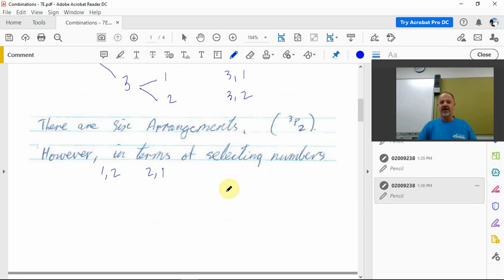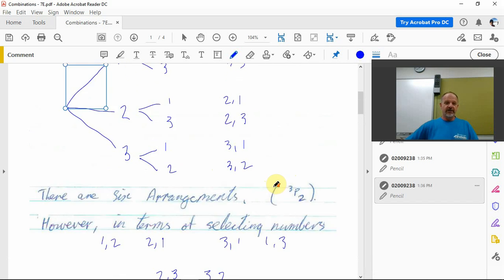That selection's the same. It's the number 1 and the number 2. Similarly a 3 with a 1 or a 1 with a 3, again they're the same, or a 2 and a 3, or a 3 and a 2. So in terms of arrangements, they're different, but the selection of numbers is the same 2 numbers in each of those.